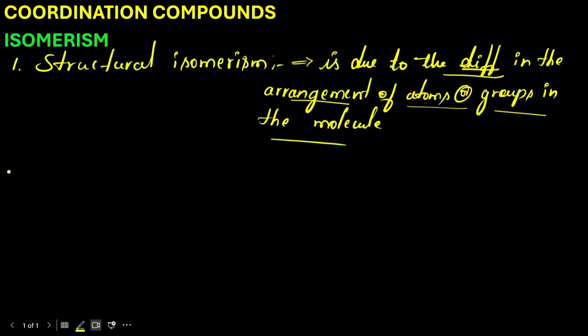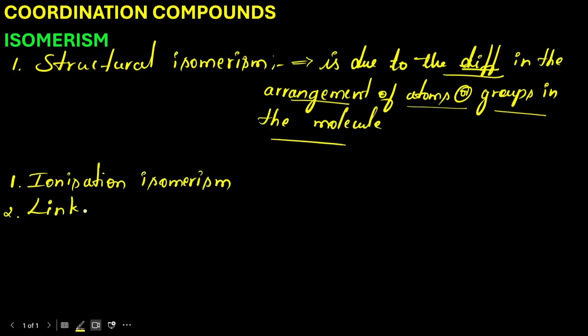In structural isomerism, we have four different types. First one is ionization isomerism. Second one is linkage isomerism.